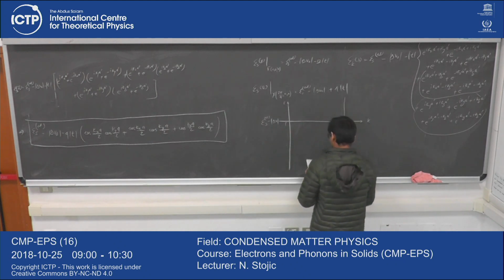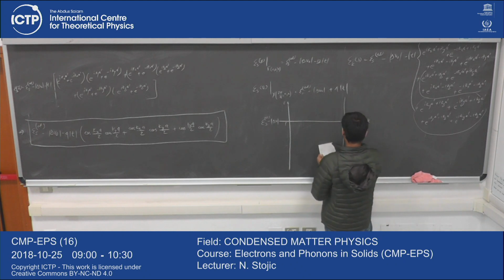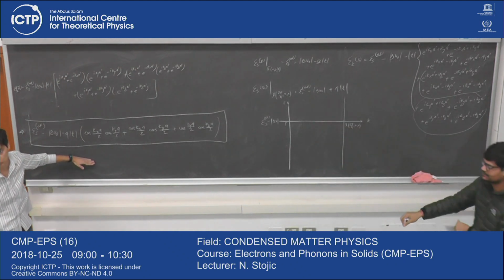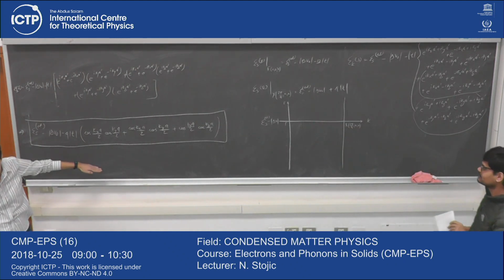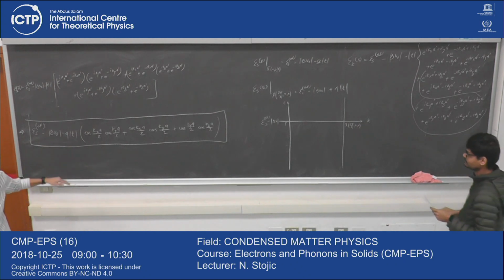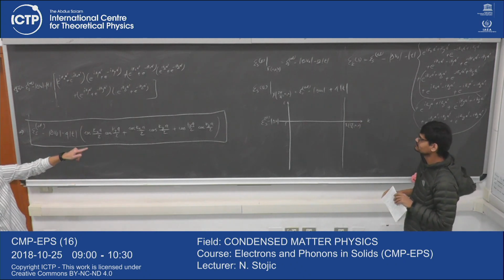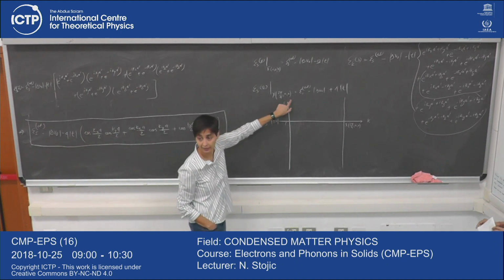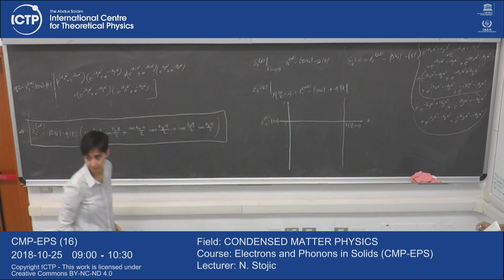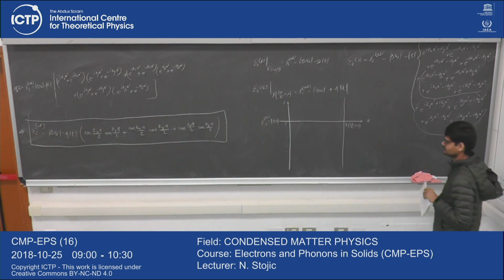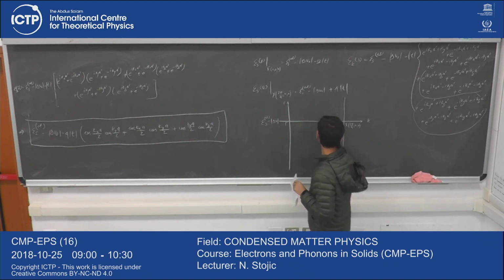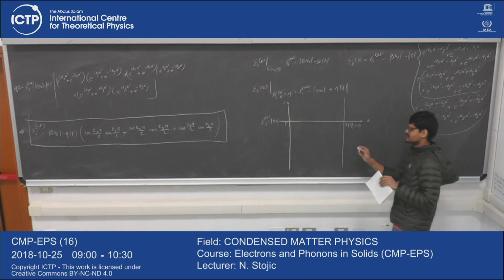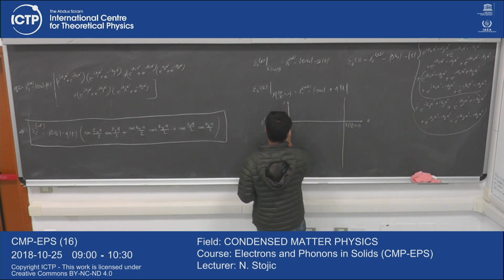And suppose this one is X. This you want to plot along gamma to X. So you plug the values of gamma and X points inside. Here it's X, this is X. You just have to put this for k values, kx, ky, kz. This is the gamma point and this is the X point. It looks like this. I should write the coordinate.